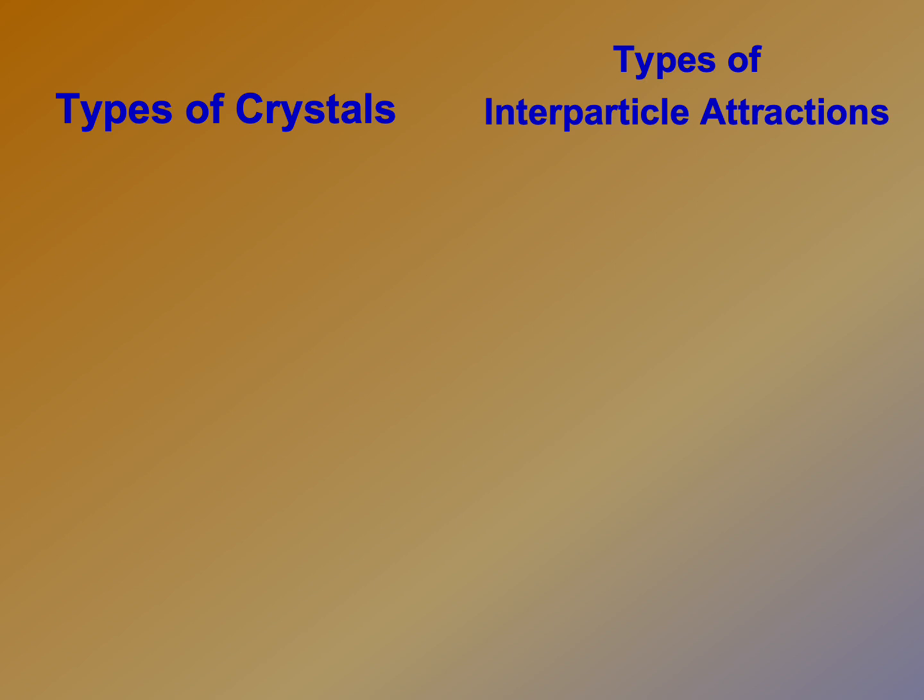Part of going through the crystal types worksheet is making sure that you can match up what type of crystal a substance has and what type of interparticle attraction we're going to have with it. So looking at the types of crystals, we said we have ionic crystals.